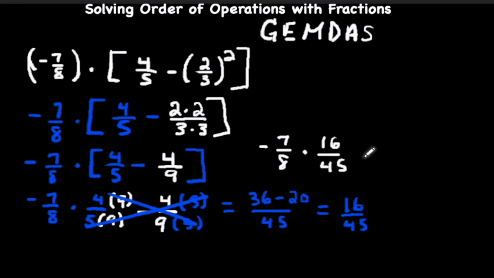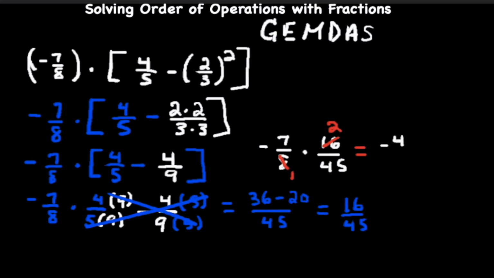So now we can go ahead and multiply our fractions. But first we can take a look and see if there are any common factors that we can simplify, and we do. We have 8 and 16. 8 goes into 8 once. 8 goes into 16 twice. Okay, so now we're left with negative 7 times 2 is equal to negative 14.